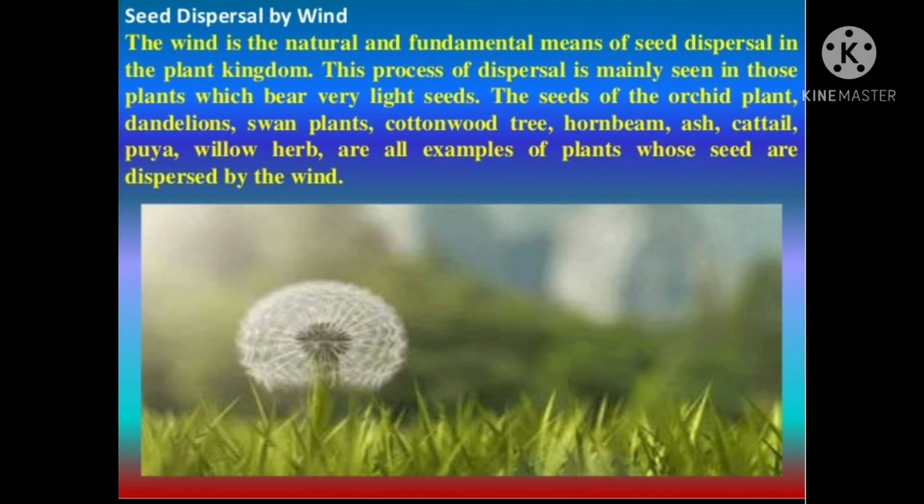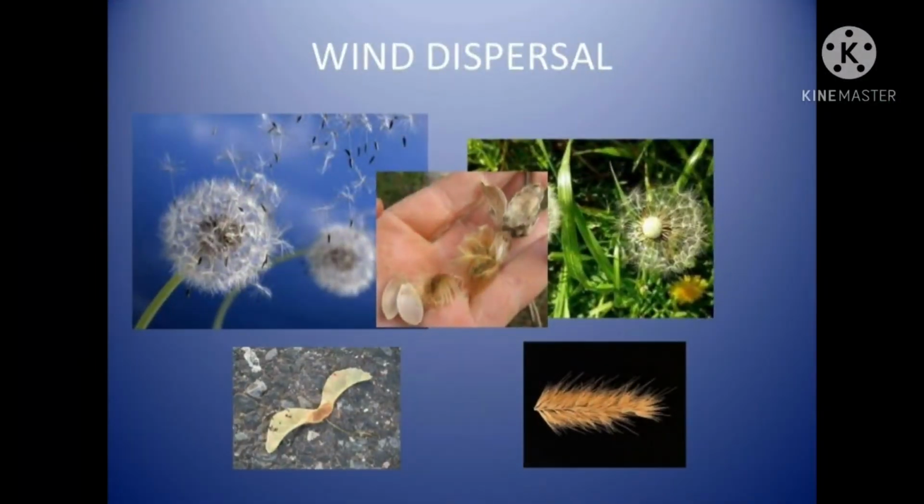The seeds of the orchid plant, dandelions, swan plants, cottonwood, hornbeam, ash, cattail, puya, willow herb are some examples of plants whose seeds are dispersed by the wind. So all these plants have seeds which are very light and can fly with the wind.